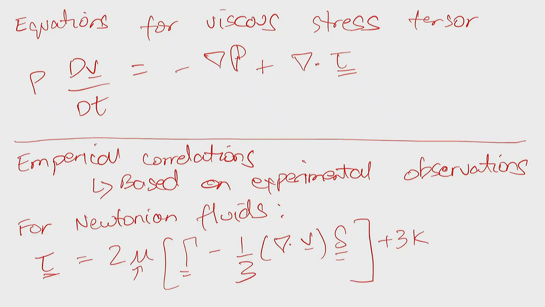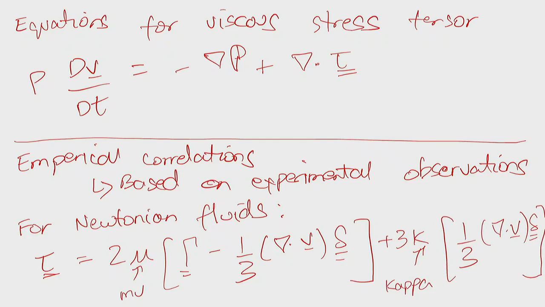So this is mu, this is kappa. So 3 kappa, 1/3 L dot V delta. The term in the first bracket is the consequence of shear stress. The second term here is the consequence of dilation.